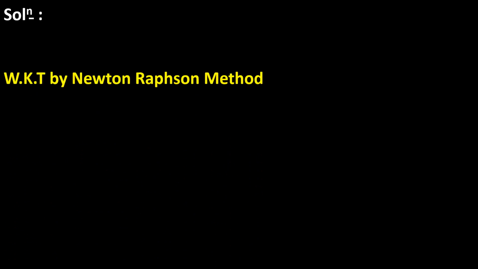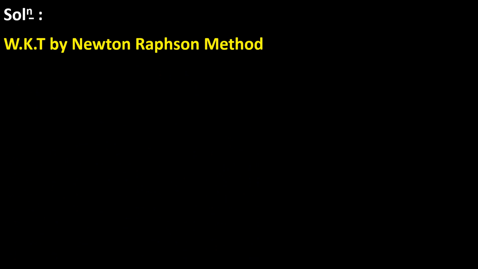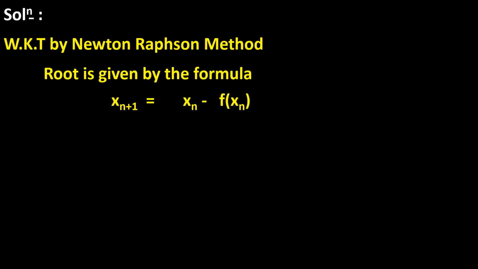We know that by Newton-Raphson method the formula to find the root of an equation is given by xn plus 1 is equal to xn minus f of xn divided by f dash of xn, where f dash of xn is the derivative of f of xn.